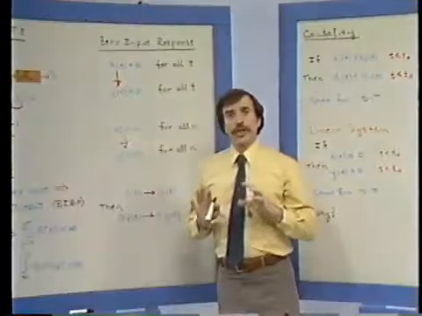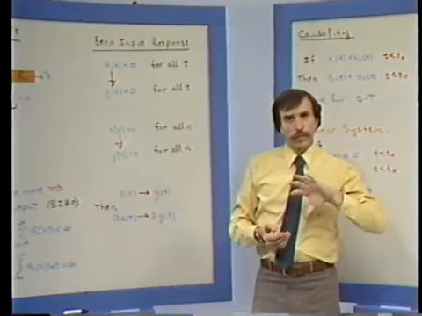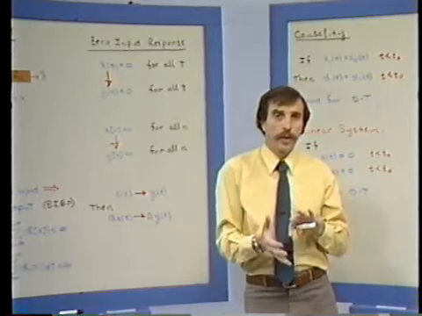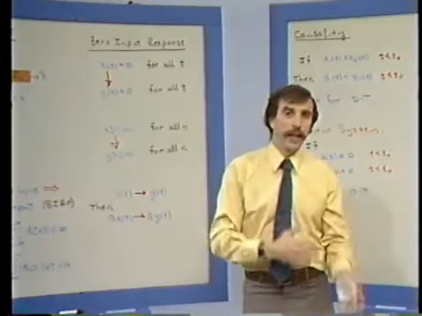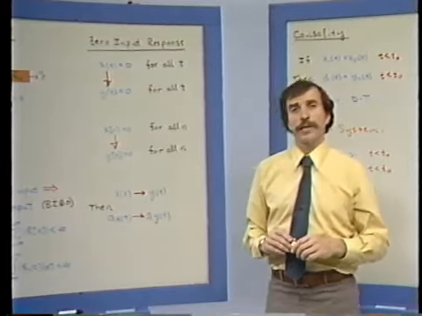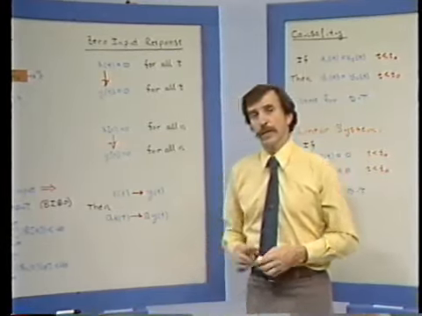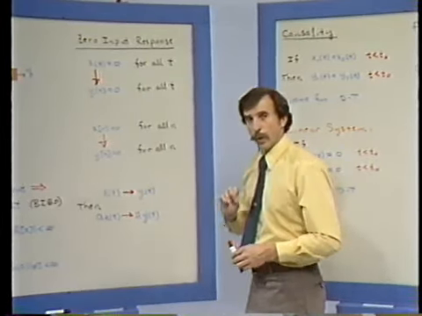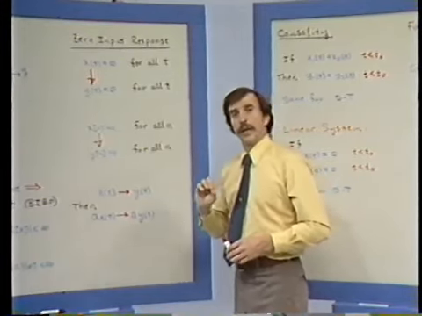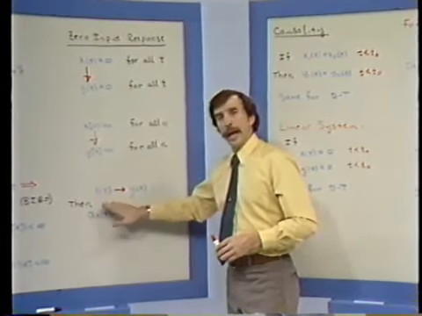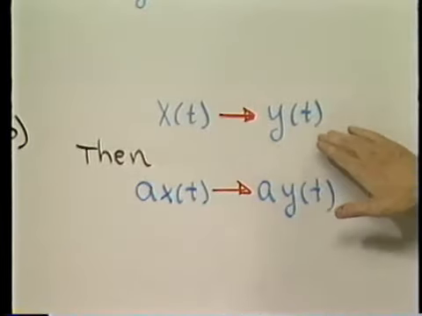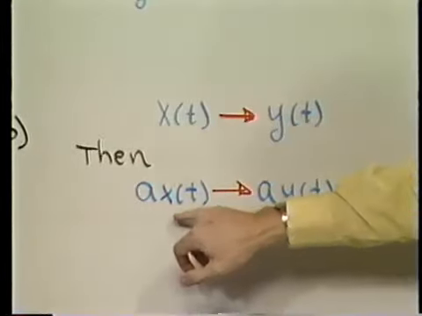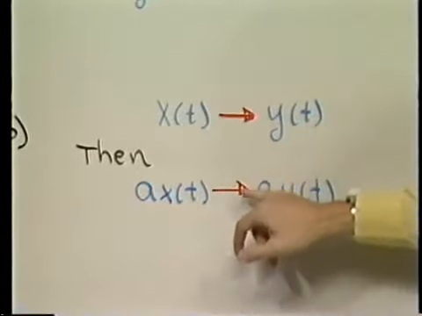To show that result is pretty much straightforward. We could do it using convolution, which would be associated with linearity and time invariance. But in fact, we can show that property relatively easily by simply using the fact that for a linear system, if we have an input x of t with an output y of t, then if we scale the input, the output scales accordingly.